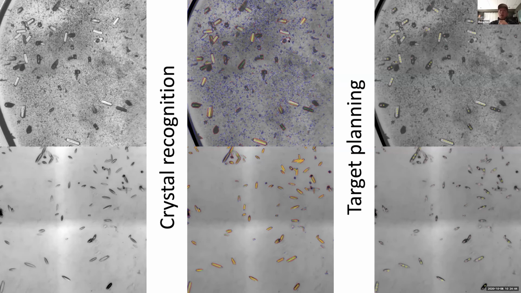And then after you recognize those crystals, of course you can plan your shots. This is where users can come in. There are many possible strategies the user may or may not like. This is directly related to the science they might be interested in.